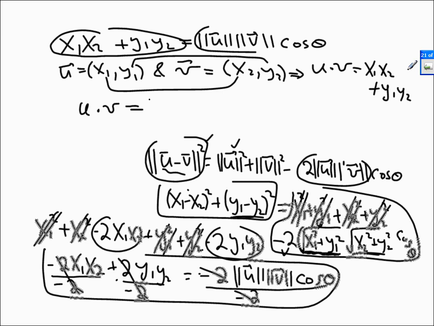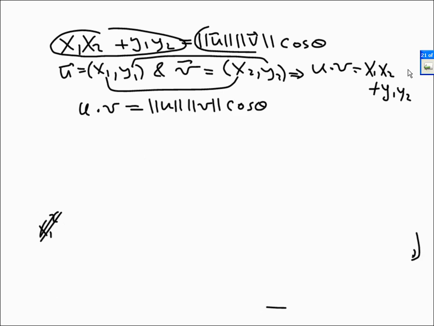Now, one thing I want to talk about is if one of the vectors has length 0, you can't really talk about the angle between the two vectors. Okay, when I'm finished erasing this, I'll draw a picture of what I'm saying.